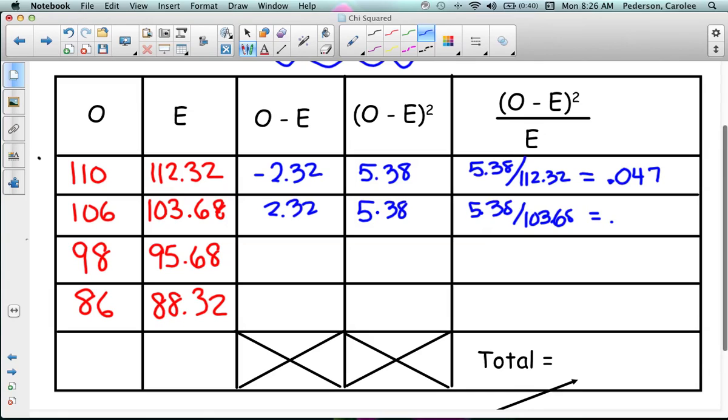And you get 0.051. Then take 98 minus 95.68, square it. So 2.32 again, 5.38, 5.38 divided by 95.68.